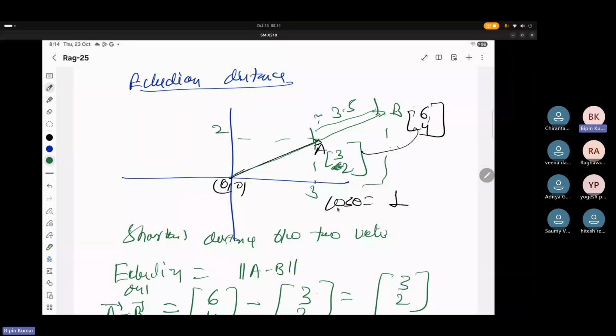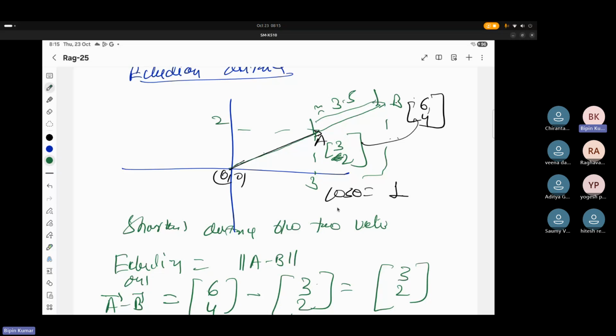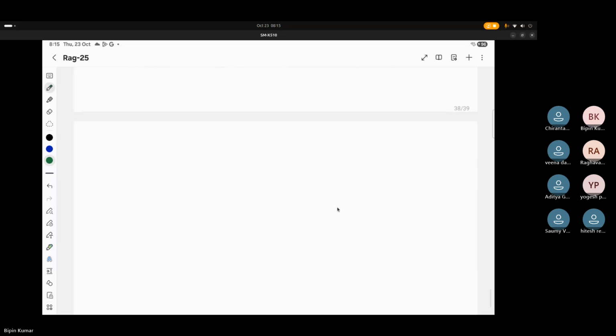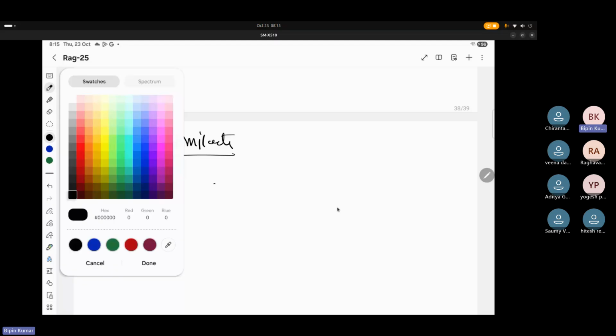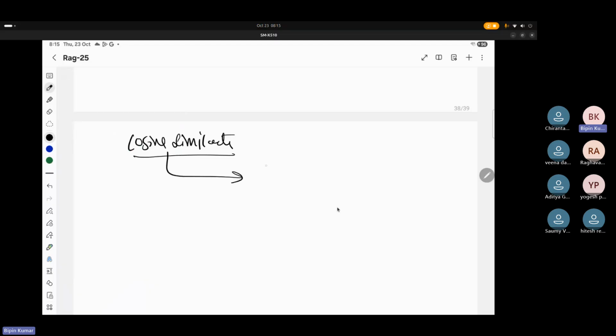So with the help of Euclidean distance you can also find the distance between two vectors. In some scenarios this is also used. Now there are three terms. One is cosine similarity, and mainly focus on the value range.